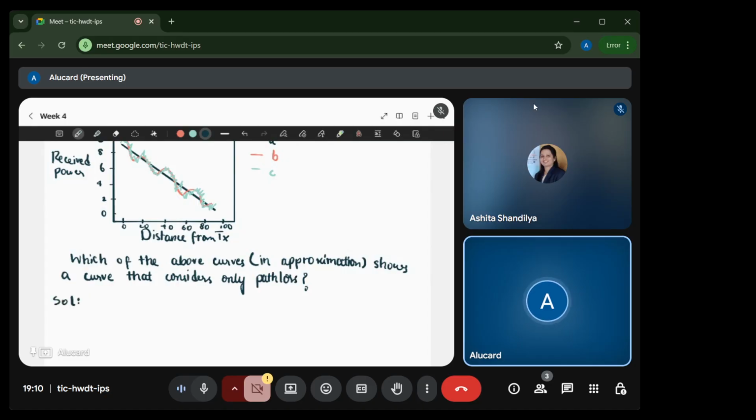For the answer, you can refer to lecture 15 notes.